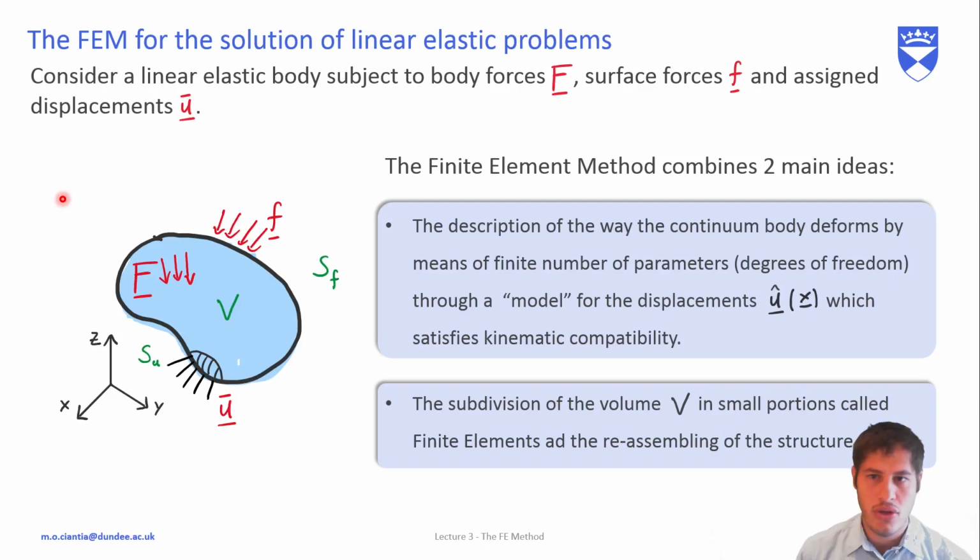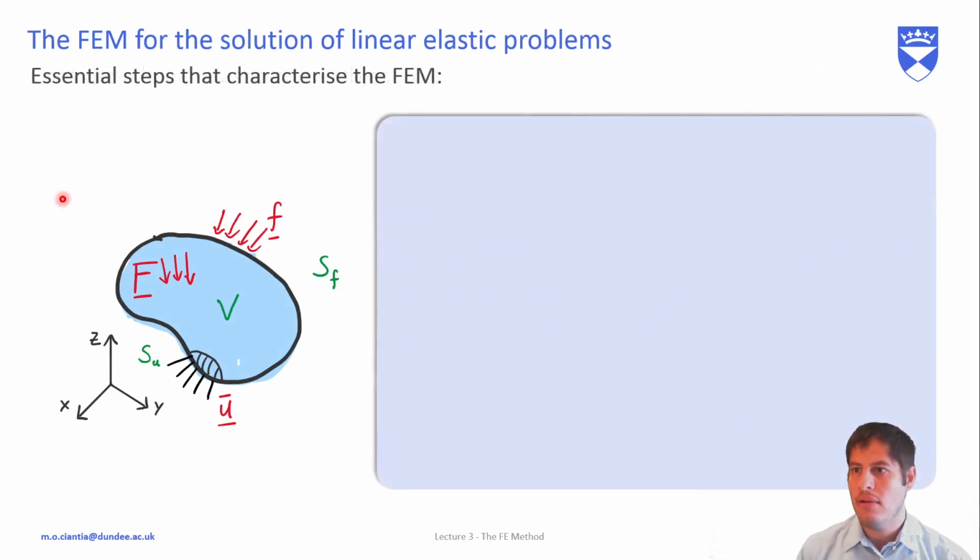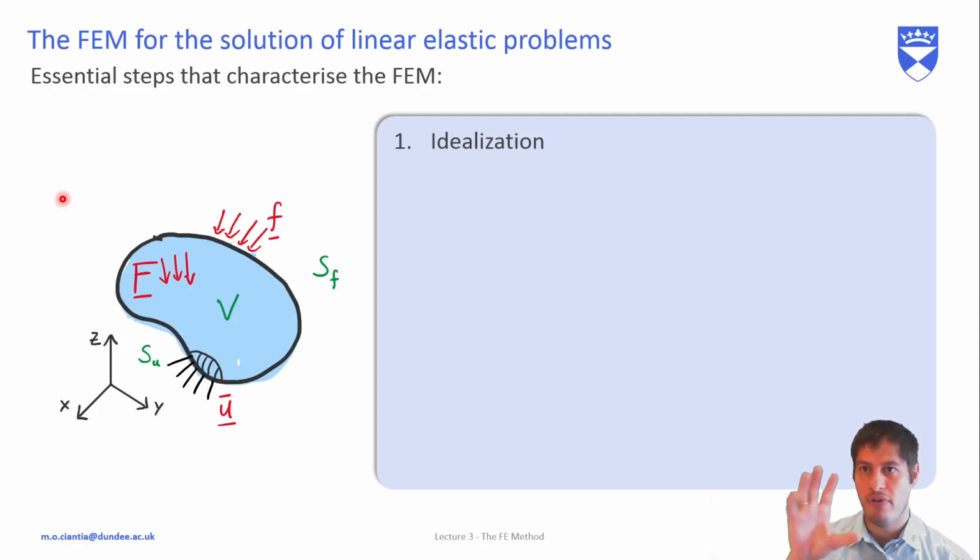So the outline of this talk is basically covering the essential steps that characterize the finite element method. Namely, these are: we need an idealization of the problem, the real physical system, so a building, a beam, etc. We have to idealize it.